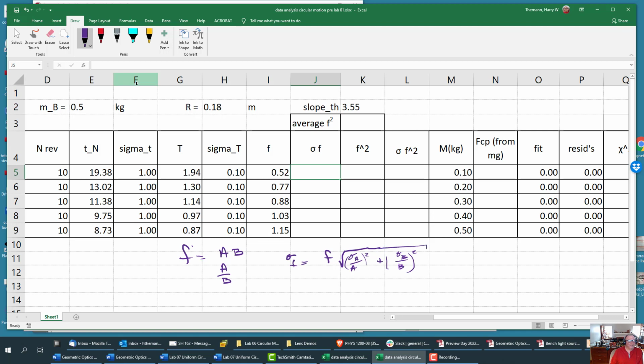And the nice thing here is that a equals 1 for this. A equals 1, so sigma a is equal to 0. And so we end up with, and we don't have to use a different letter, the plus minus capital T divided by T.